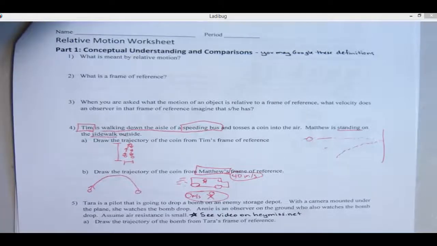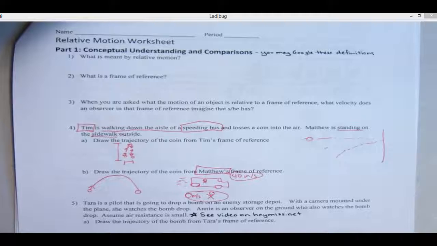Now, if we did that again, and I did this with a student, where you're sitting at a desk, and I run past you, and I toss a coin up, down. That coin's going to seem like it goes a lot further because it's moving forward with me. And you can test this too. When it goes up, it's covering a lot more ground on the x-axis.